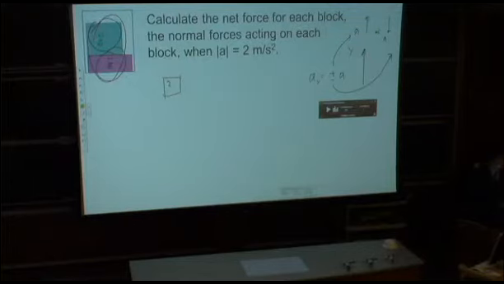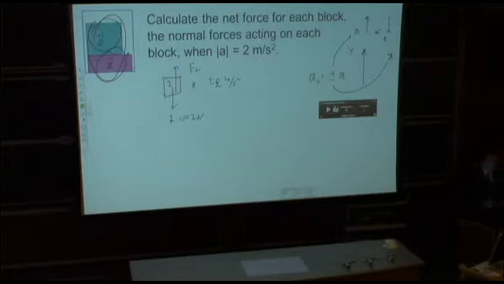Two kilograms. There is a normal force acting on it. That normal force is provided by this surface, by the top surface of the magenta box. There is a force of gravity, 2 times 10, 20 newtons. And the acceleration, well, plus or minus 2 meters per second squared.